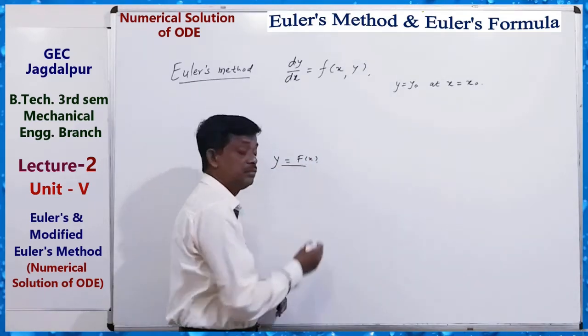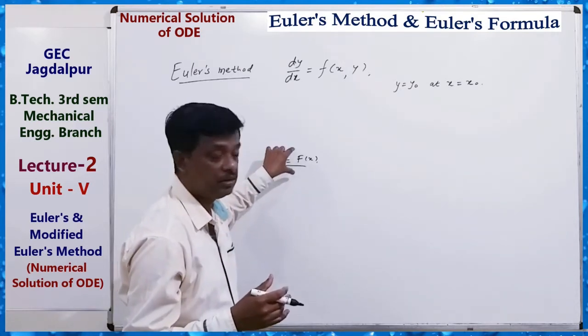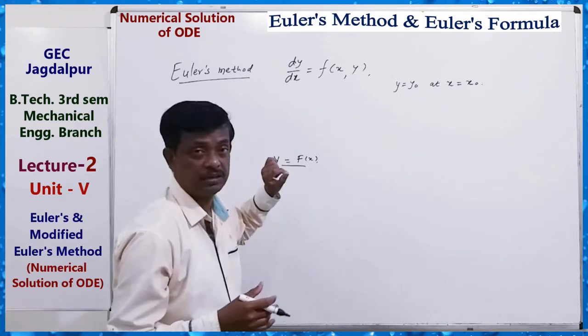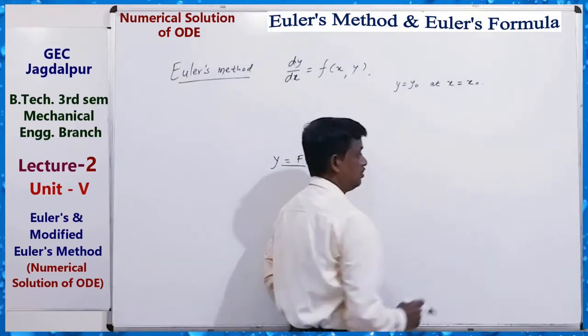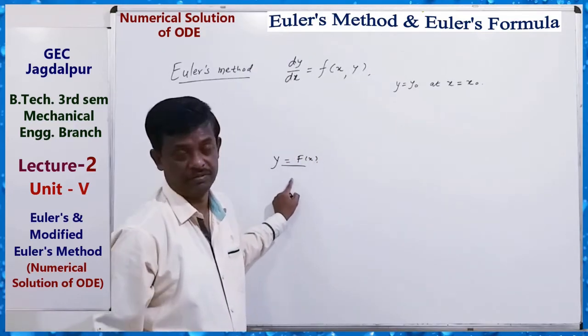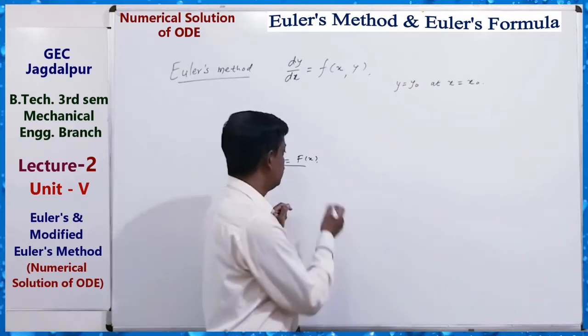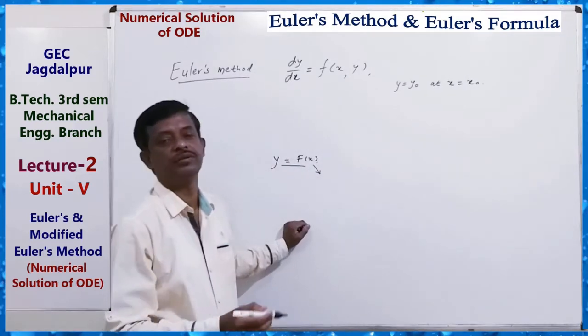This is a simple relation. It can be graphically plotted because it represents a curve. If we draw the curve from this equation, that will be the curve of solution.